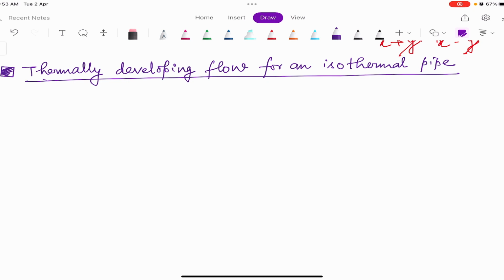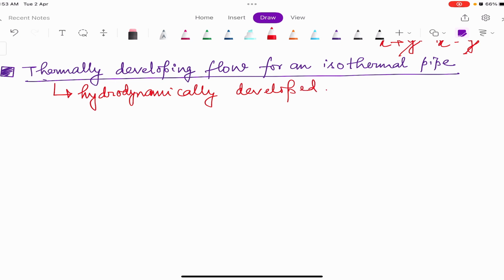Isothermal pipe means the wall of the pipe is isothermal. And here the flow is also hydrodynamically developed.